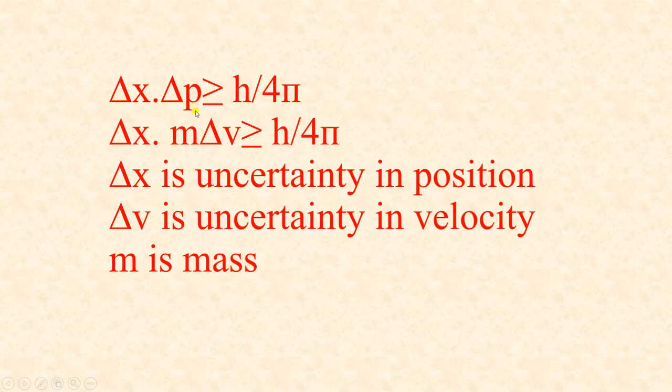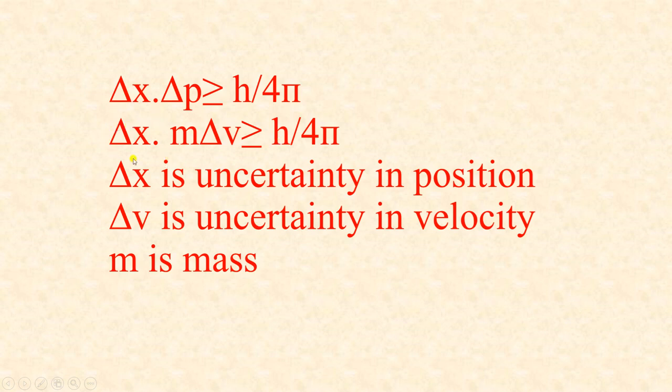Now momentum is mass into velocity. So we can write uncertainty in momentum in this way: mass into delta V. Here we write delta in front of V because mass of electron is fixed. So delta x into m delta V is greater than or equal to h upon 4 pi.